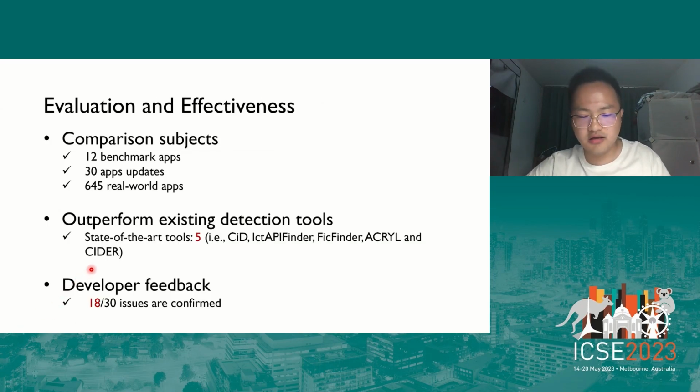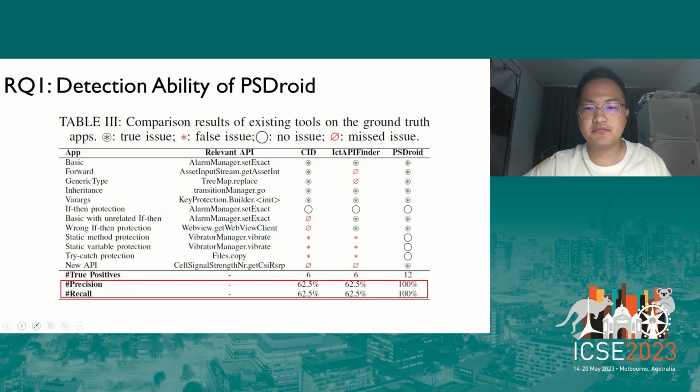In evaluation and effectiveness, we compare PSJoy with four state-of-the-art detection tools on 3 datasets. And we also reported 3 real issues to developers for their feedback. We first built a ground truth dataset containing 12 APIs that cover different types of compatibility API usages.